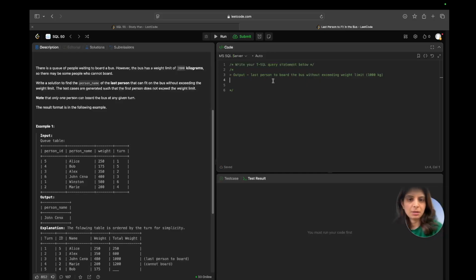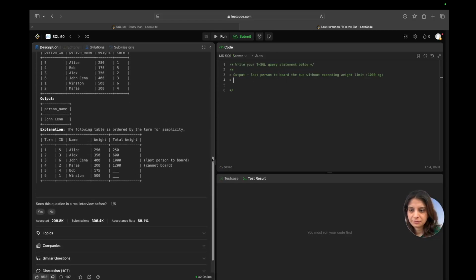That's the only column in the output table. Now how will we find that?